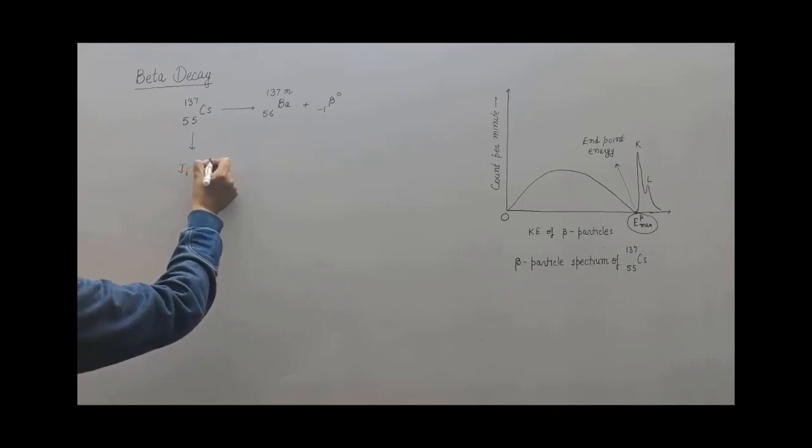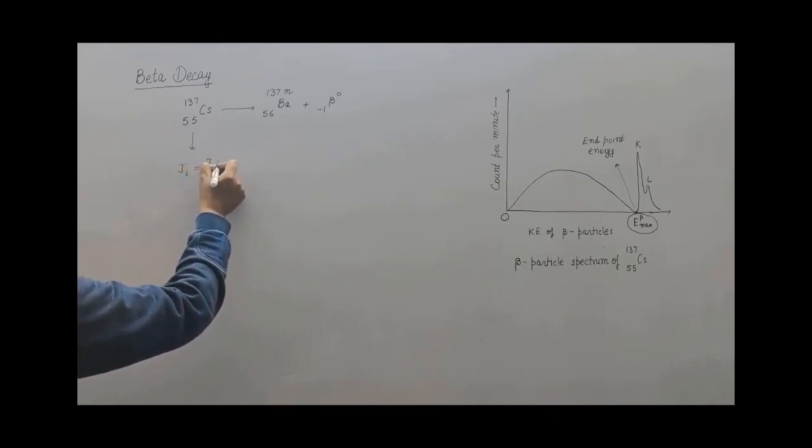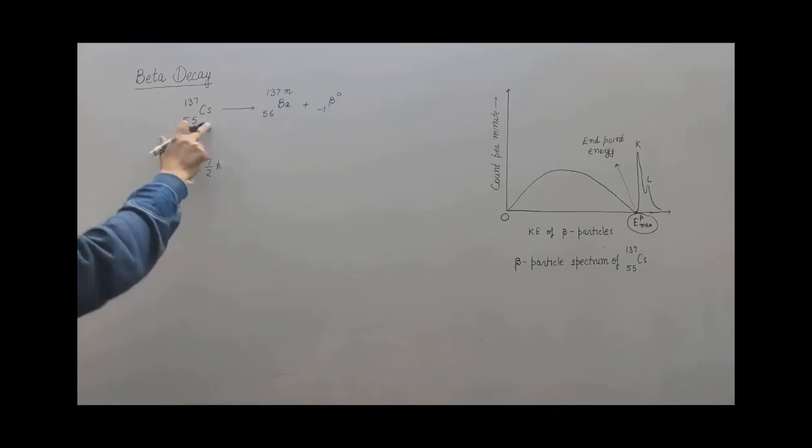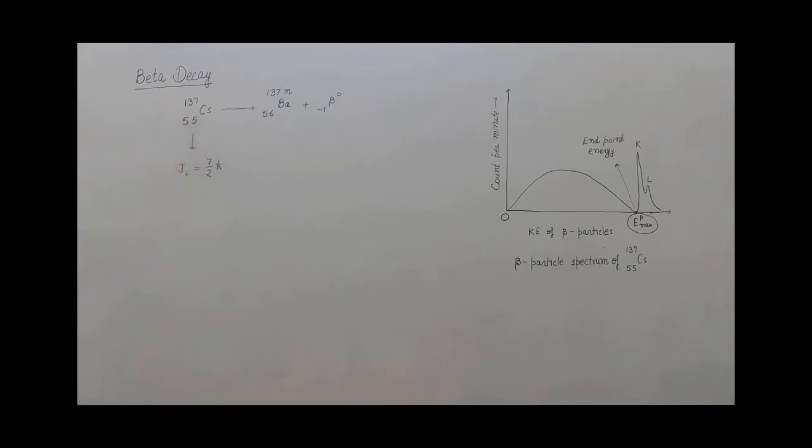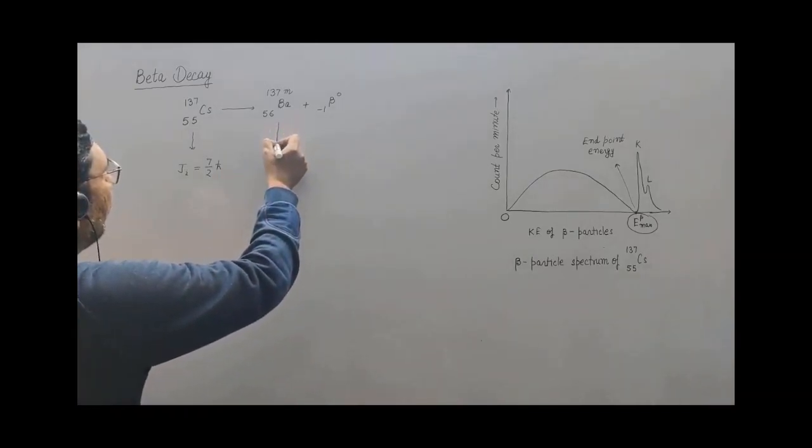So the ground state spin of Cs-137, atomic number 55, is 7/2 H cross, while the metastable state of Ba-137, atomic number 56, has spin 11/2 H cross.